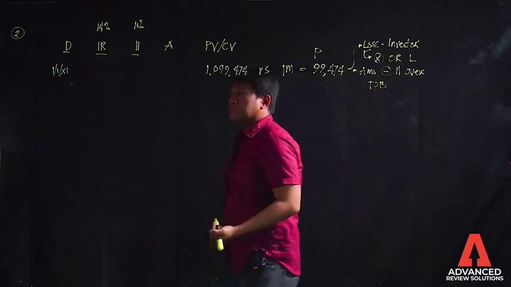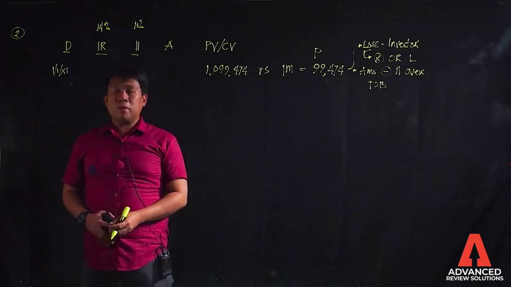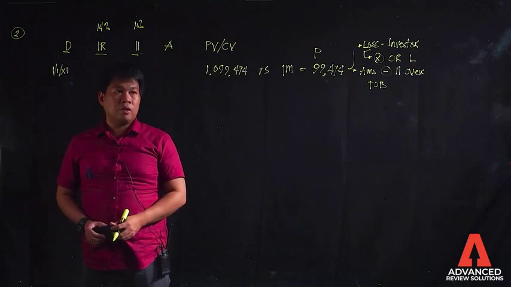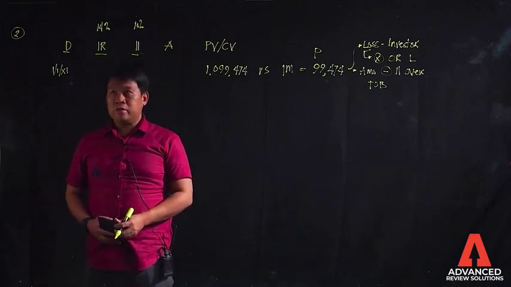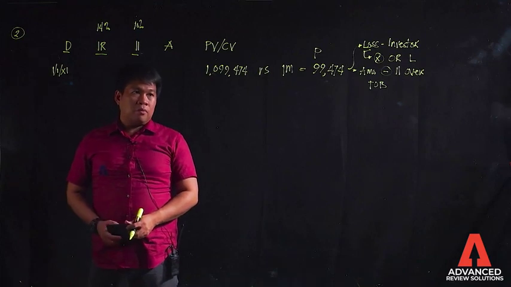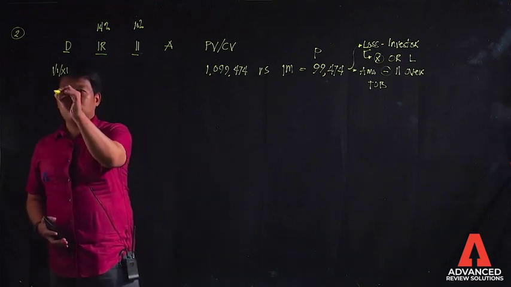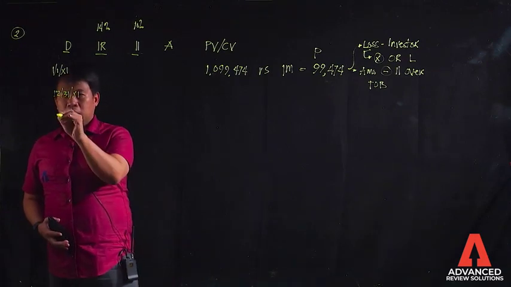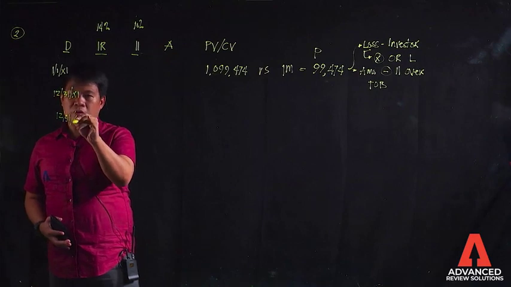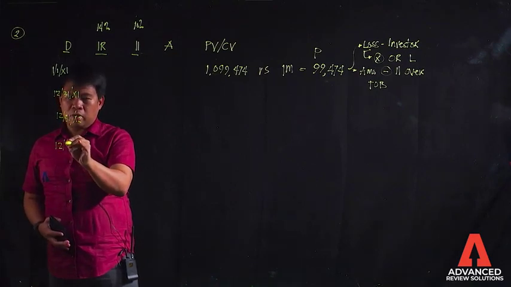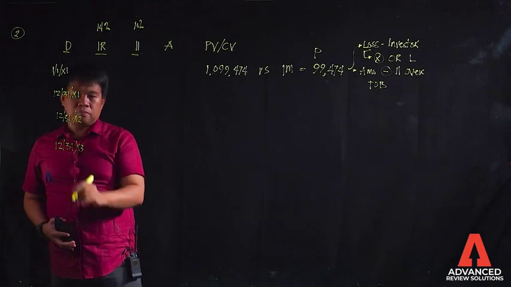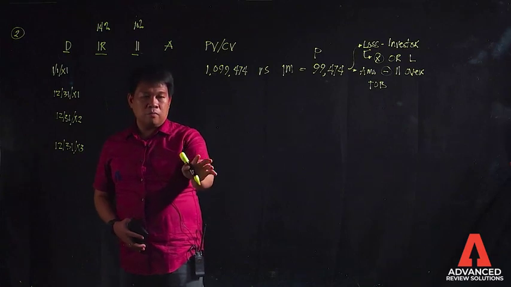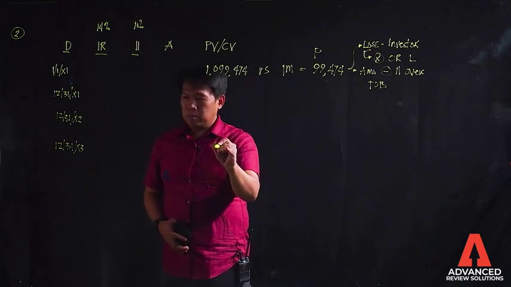Okay, let's now proceed. So, in problem number 2, the principal is due at December 31, 20X3. Okay, but the interest is due every December 31. So, this is December 31, 20X1. Okay, December 31, 20X2. And December 31, 20X3. So, at the maturity of the investment, the investor will be getting here 1 million.